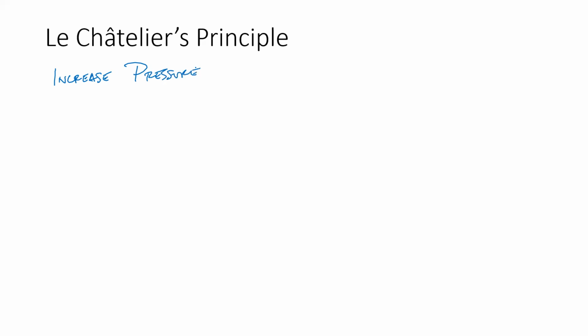And so if we increase pressure, how do we figure out which direction we're going to shift? The number of moles of what, Beck? You mean like of the product? Like added together? Which phase cares about pressure the most? Gas. Gases, yeah.